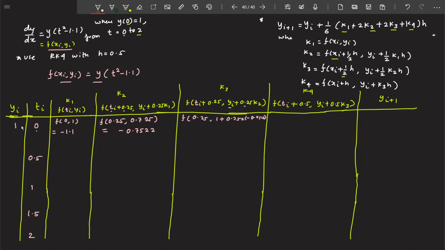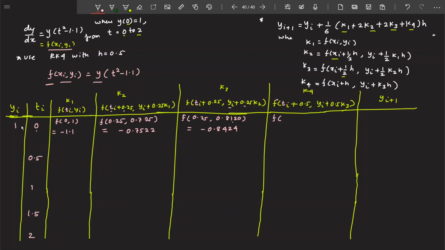If you do that calculation, you will find out the value that you are getting is 0.8120. Substituting 0.25, 0.8120 in this f, the value of k3 is going to be minus 0.8424.